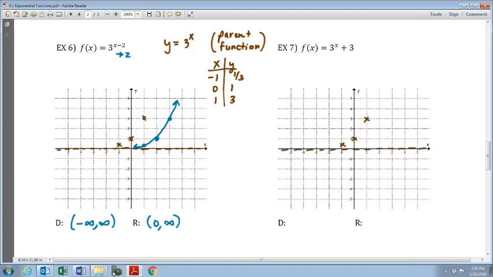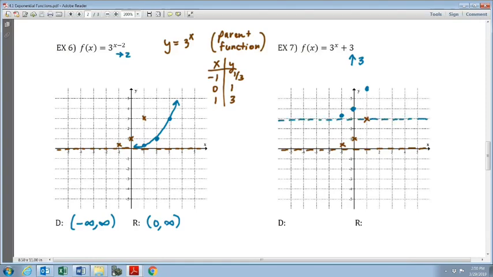Alright, so here we're using the same parent. This plus 3 is separate from the exponential function 3 to the x, and so this causes us to go up 3. It's a vertical shift. So we're going to move all our points up 3. And let's now keep in mind, if you move the graph up 3, the asymptote will also go up 3.